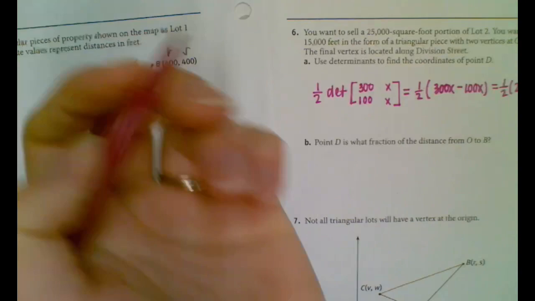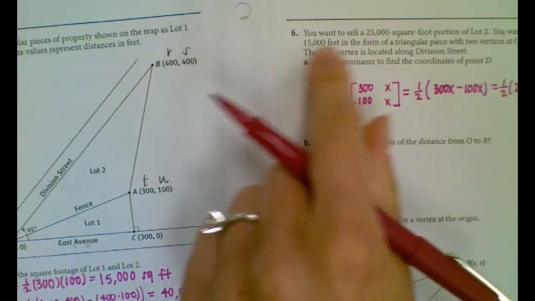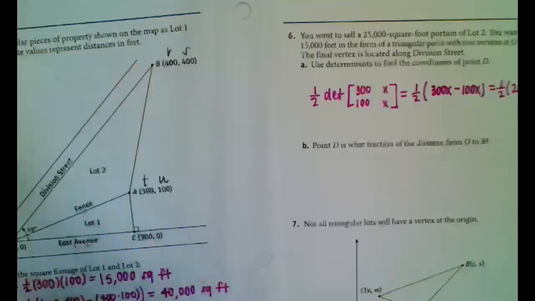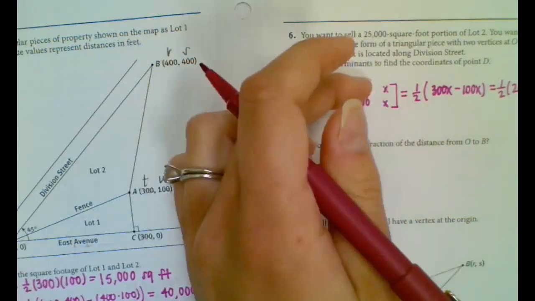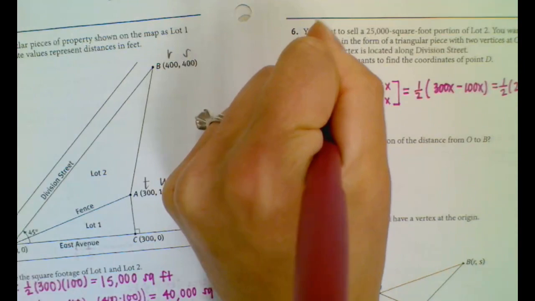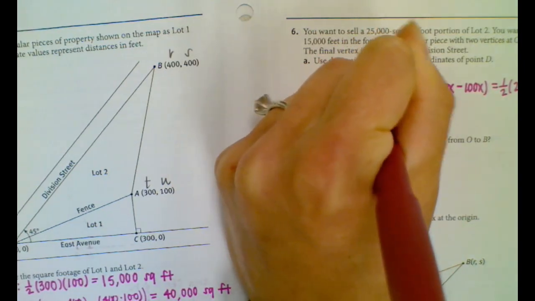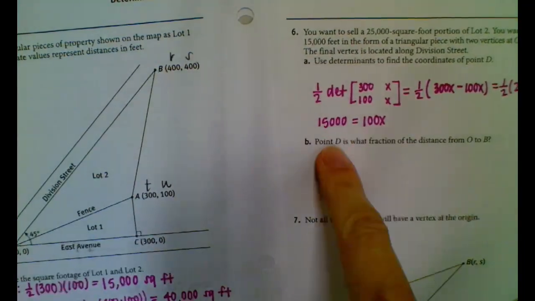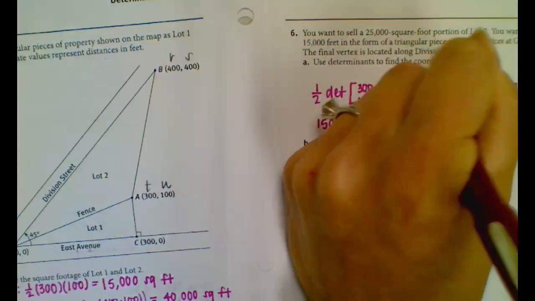Now, we want to keep 15,000 feet in the form of the triangle. So remember, this represents area, and this 15,000 represents area. So I can set that 15,000 equal to the 100x and solve for x. When I divide both sides by 100, I get that x equals 150.